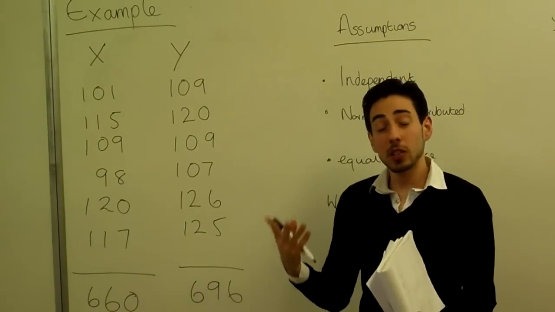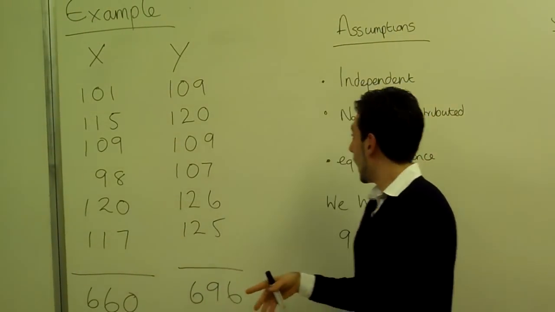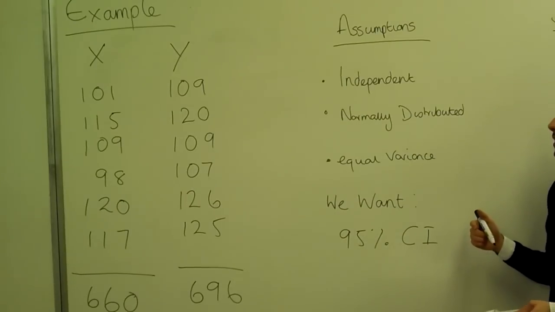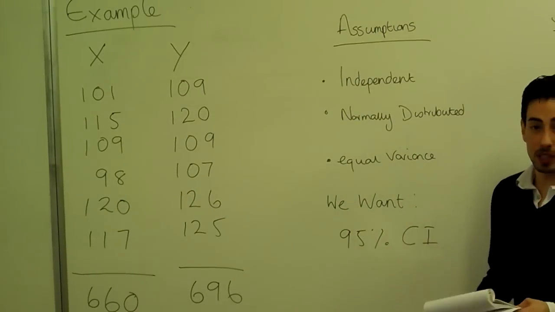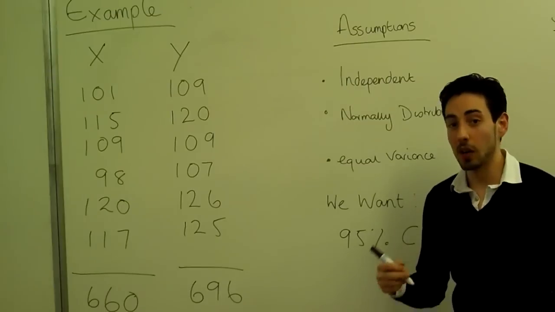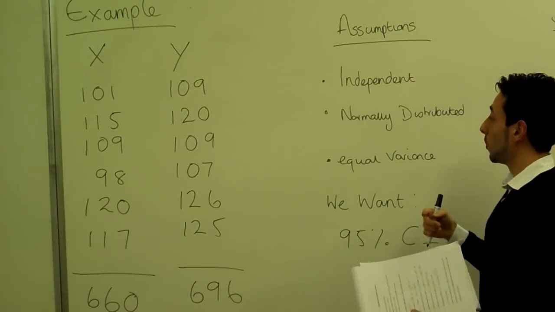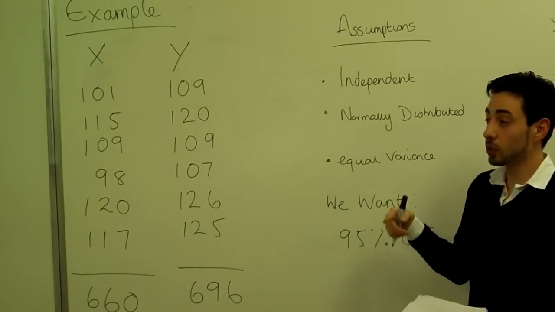So to do a 95% confidence interval, we first need some assumptions. In this case, we're going to be assuming that the values are independent. So one person's IQ score is independent of another person's IQ score, which makes sense. We can also assume that our data is normally distributed.